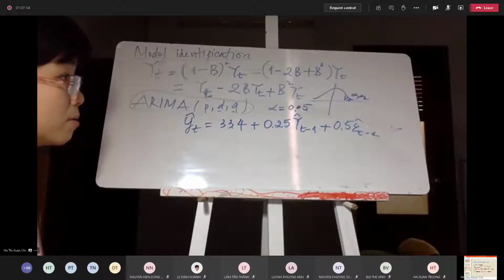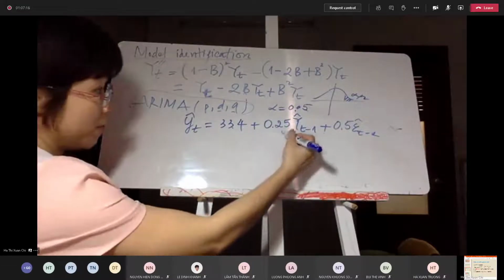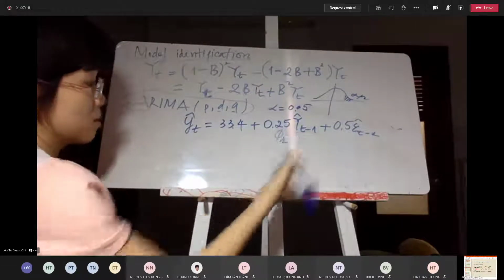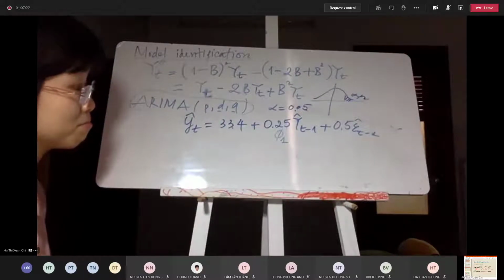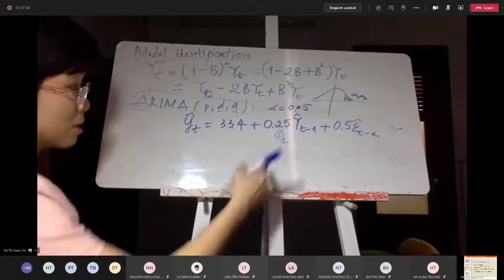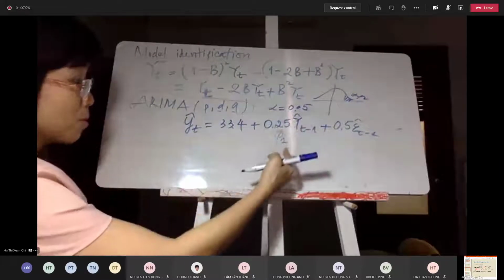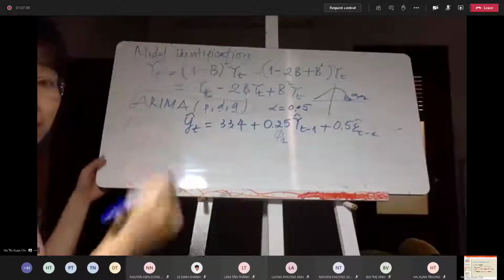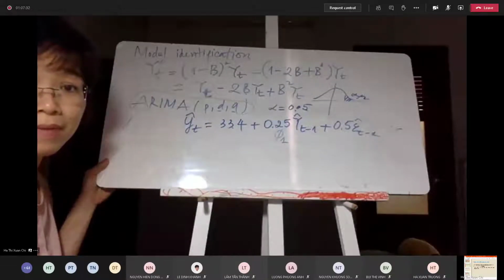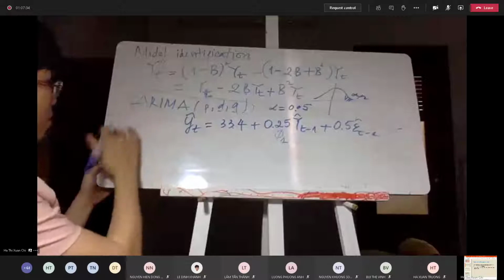So right now, that is the phi1, right? We delete that. Eliminate it. So right now, the ARIMA model, the original you have, the ARIMA model like that.